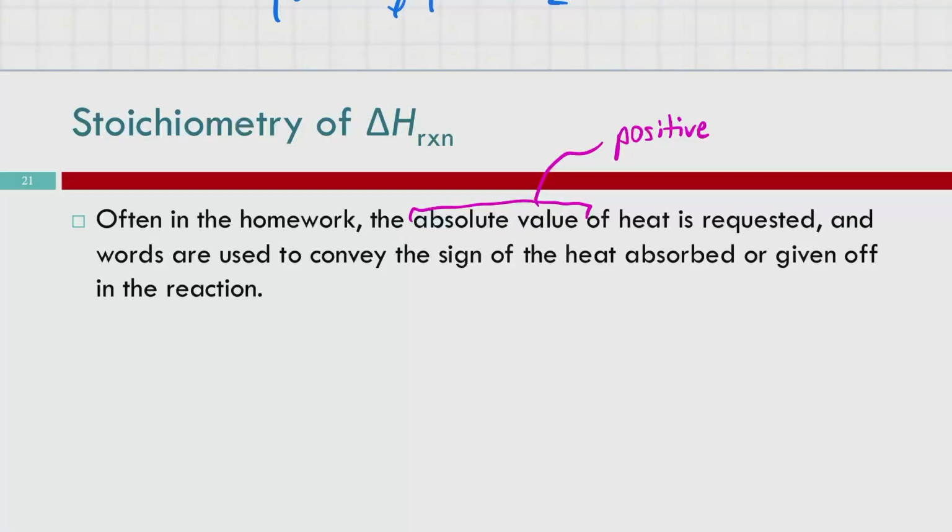So if you get a positive and you were supposed to get a negative, or you get a negative and you were supposed to get a positive, it's possibly just a word play thing. If you're confused, feel free to ask. And that's all for Chapter 12.